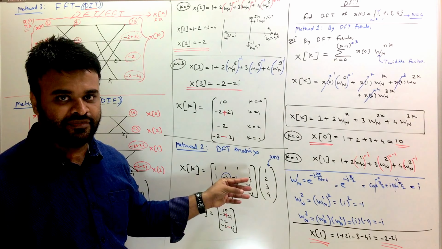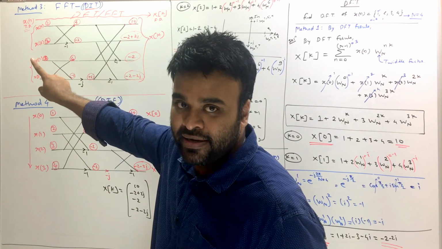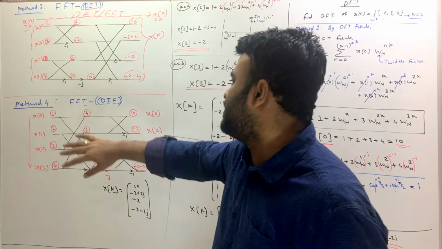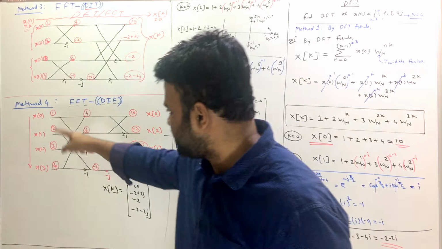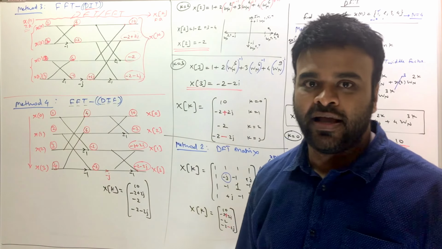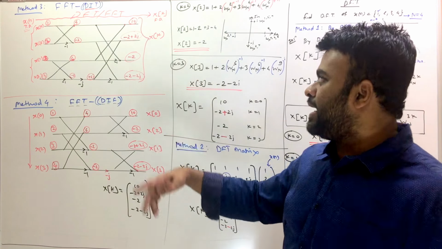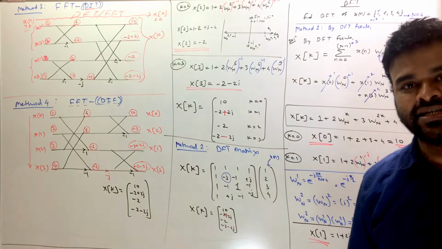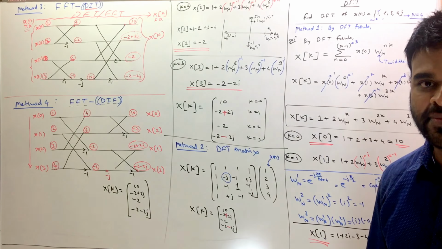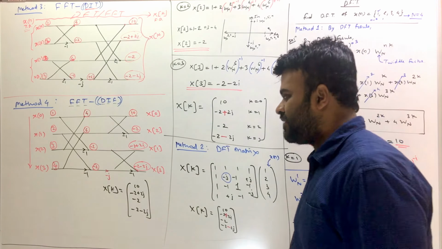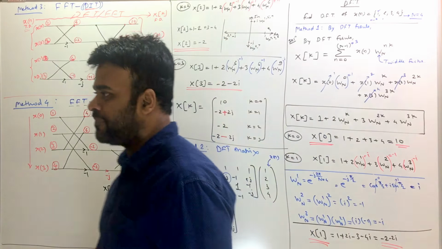When you have decimation in time, you decimate on the time side, the time domain. When you have decimation in frequency, you decimate on the frequency side, and no decimation here. And if you see it that way, DIT and DIF are just the mirror image of each other. And these are the various ways you can find the discrete Fourier transform.